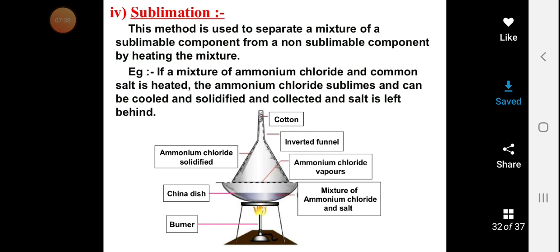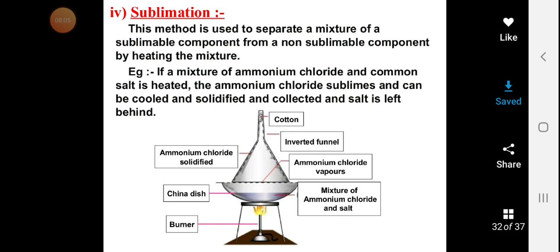Here you can see in the figure we are using a burner, a china dish, and a mixture of ammonium chloride and salt that we have taken in the china dish. I started heating this mixture. Ammonium chloride vapor starts forming and goes up, and we have covered this vapor using an inverted funnel.